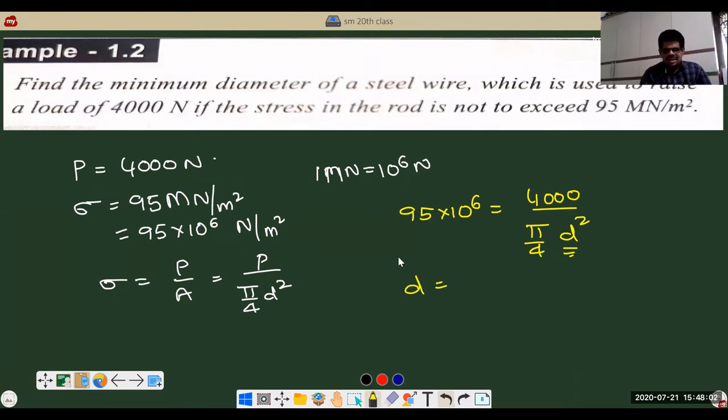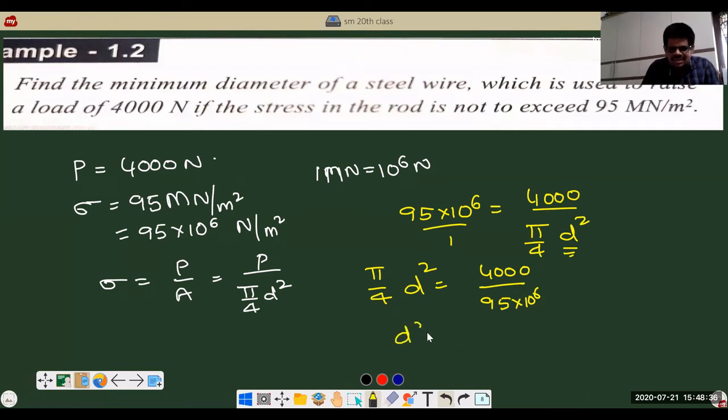While solving this, you have to use your calculator carefully, otherwise you will get wrong answers. Let us simplify this first. I am bringing the denominator to the left hand side, just like cross multiplication. So pi by 4 d square is equal to 4000 by 95 into 10 to the power of 6.